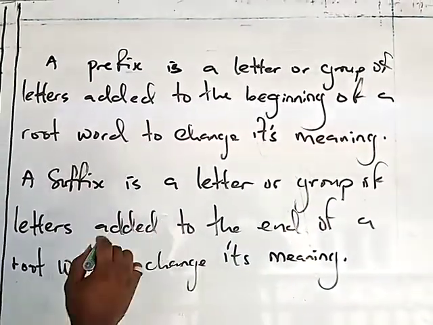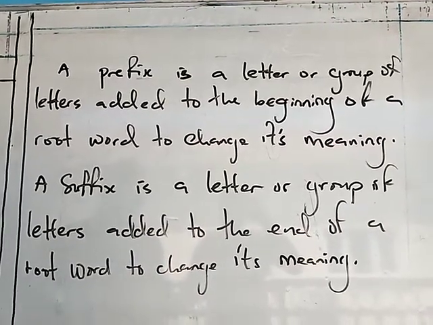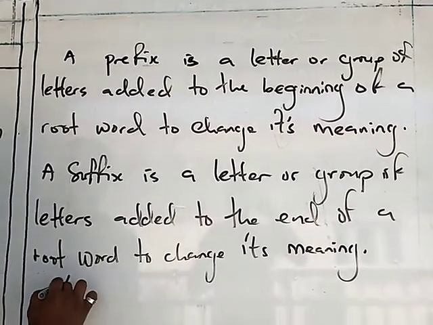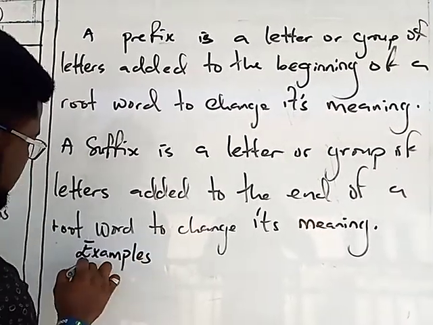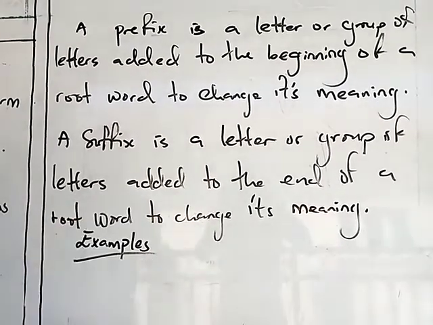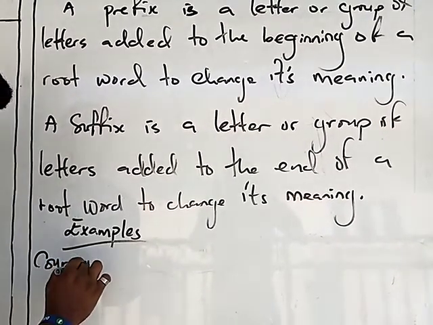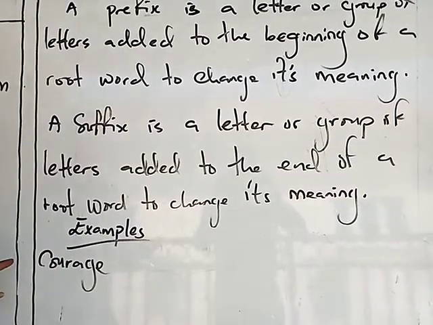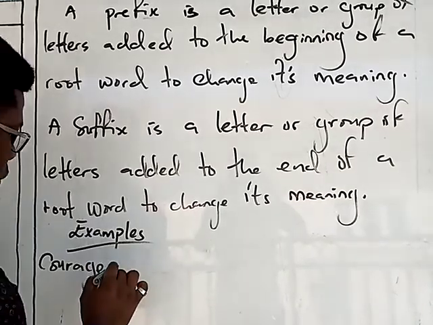Now, applying this to antonyms as our topic for today, let's look at examples. We have the word courage. If we apply a prefix to courage, we have dis plus courage equals what? Discourage.